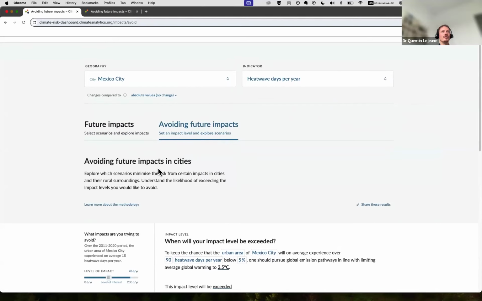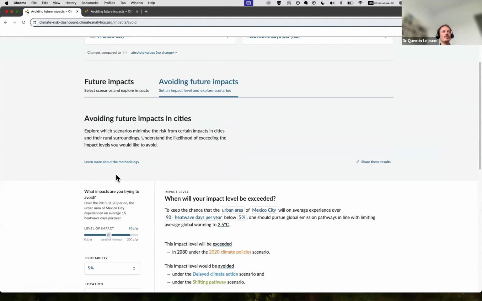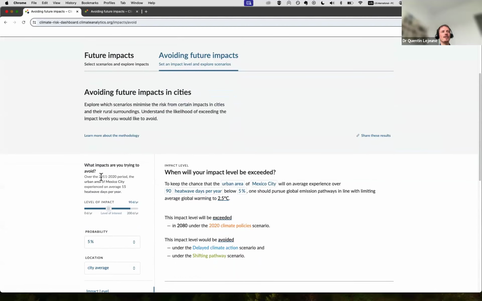So once clicking on Mexico City and selecting the indicator heat wave days per year in this user mode, you can focus on this part on the left-hand side, which tells you that on average, Mexico City experienced 15 heatwave days per year over the 2011-2020 period.